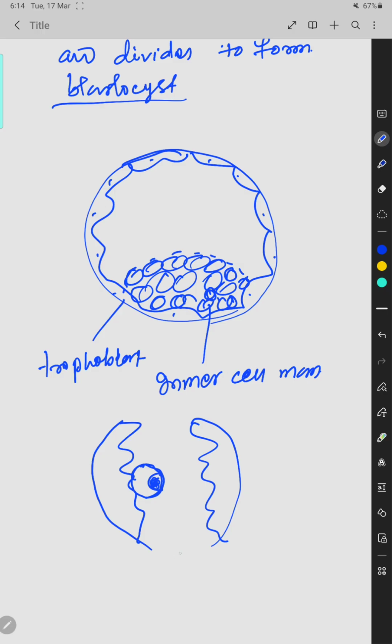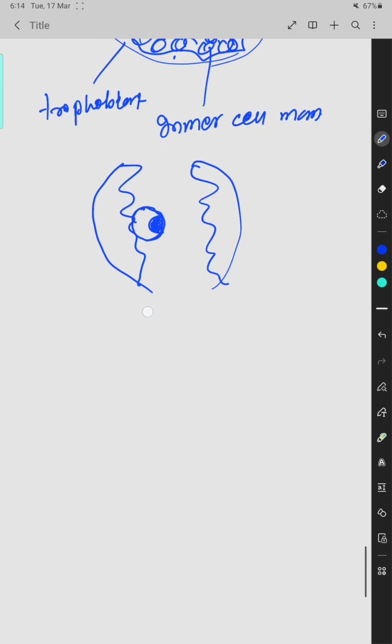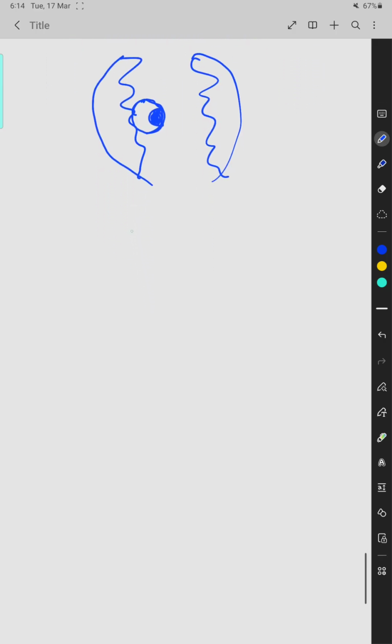Okay. And after this attachment of the trophoblast to the endometrium, the inner cell mass differentiates and forms the embryo. Now let us see what happens.